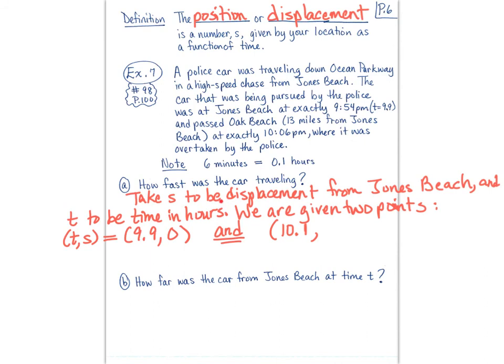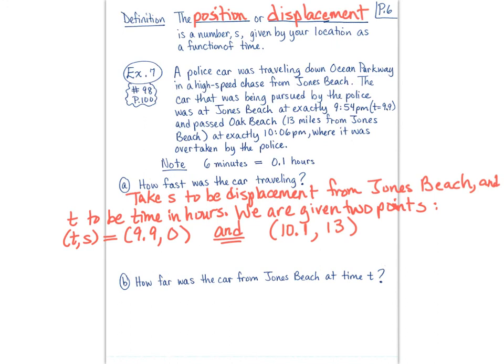Remember, it's the displacement from Jones Beach. 13. Good. That's because it says 13 miles from Jones Beach at exactly 10:06 p.m. And because 6 minutes is 0.1 hours, that's where the 10.1 comes from. And then 13 is the 13 miles from Jones Beach. That's your displacement from Jones Beach. Does that make sense?